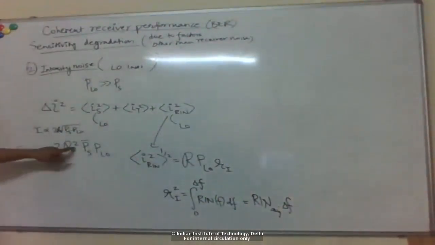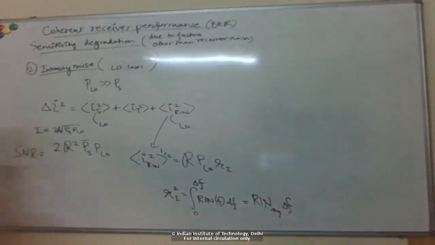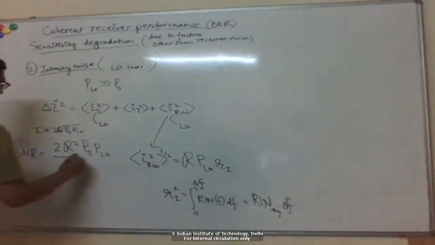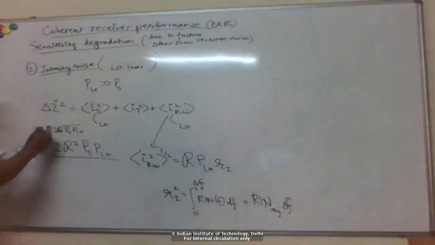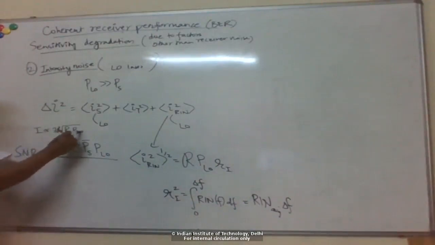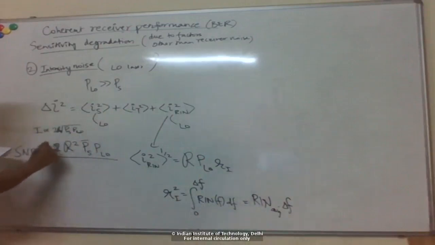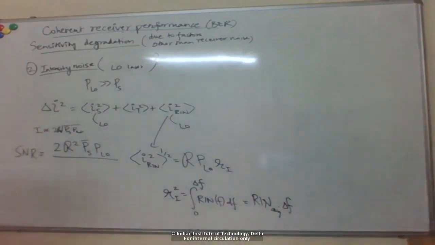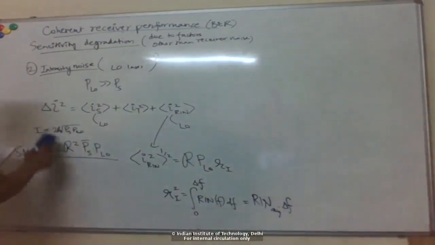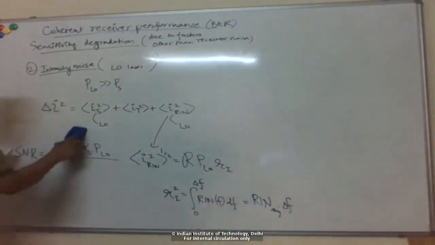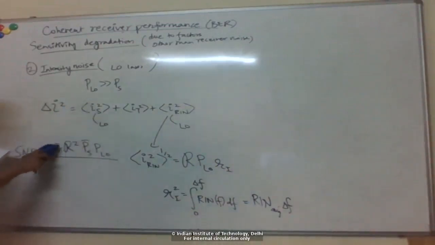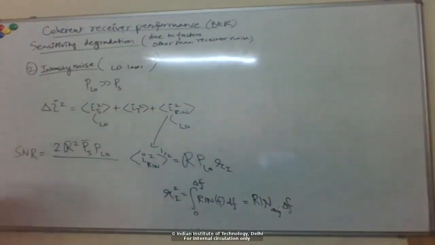So I squared will be responsivity squared, signal power, local oscillator power. Then I put a factor of half, assuming let's say it's heterodyne detection, so there's an AC current, so I get 2 here instead of 4. Again, if you had homodyne, then you need to put a 4 here instead of 2.